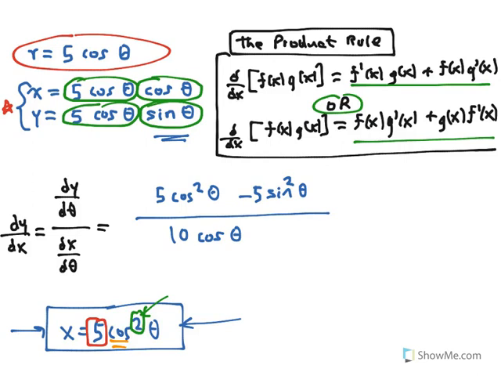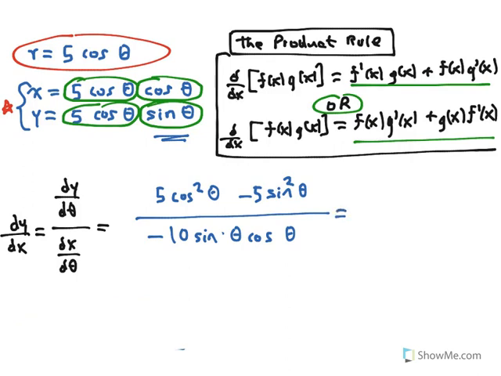And then the chain rule says multiply by the derivative of the inside function. So we multiply by the derivative of cosine, which is negative sine, and this gives us our derivative. Normally we like to write sine first. It doesn't really matter. And there it is. That's our dy dx.